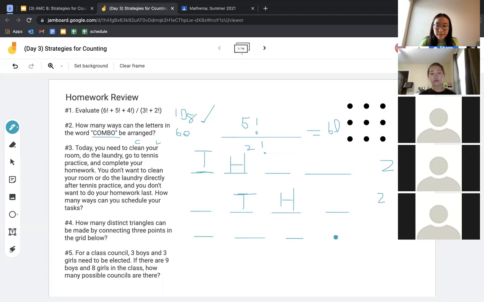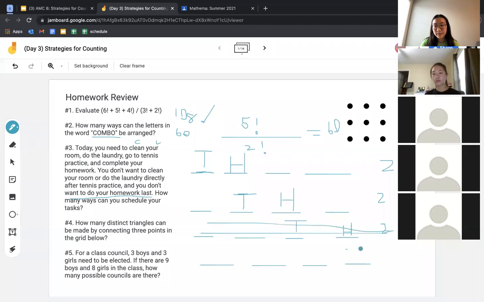And then say we put T over here, so then this one has to be H. Okay, so that one has to be H, and that's going to be another two possibilities. But then finally, all right, oh, never mind. So this one doesn't exist, sorry, because we can't put your homework last. Okay, so ignore that one.